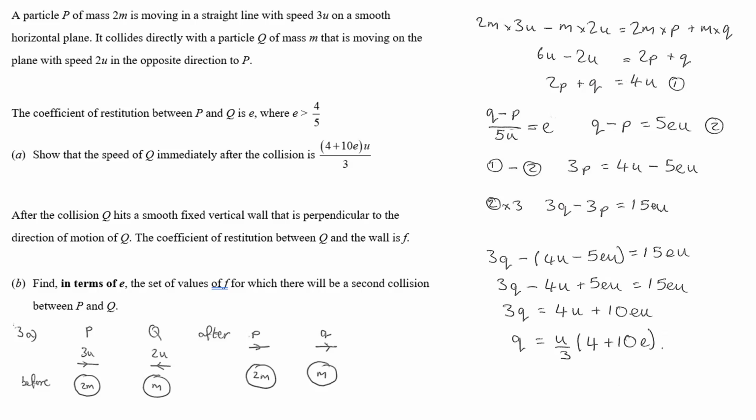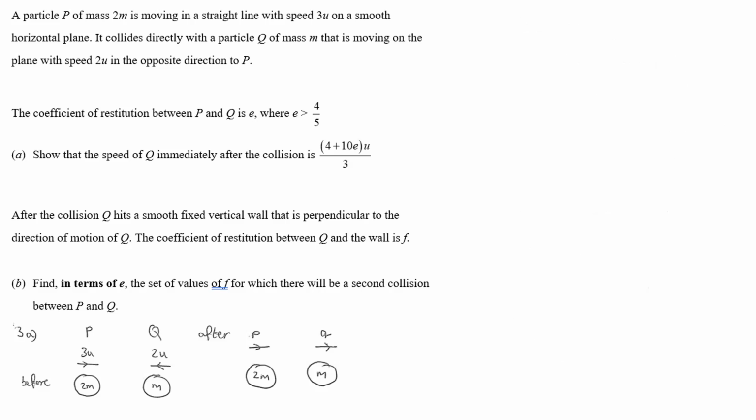So all I did was I multiplied equation 2 by 3, and then all I needed to do was, instead of 3p, I just substituted in 4u minus 5eu, in brackets, obviously, and expanded the bracket with the minus, and simplified it, and divided by 3, and I got q is equal to that, which is what they asked for.